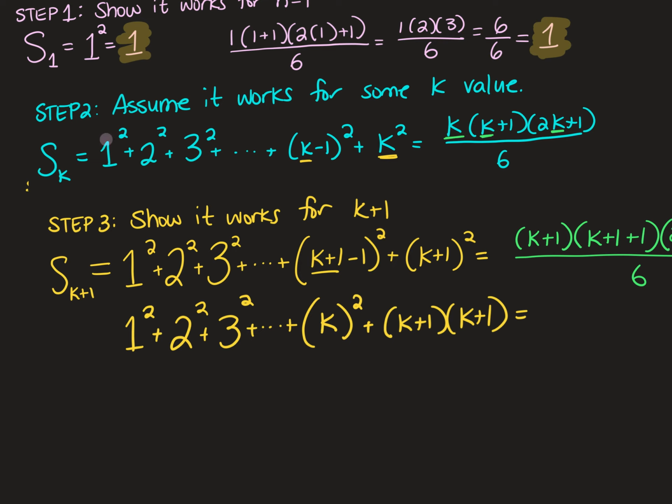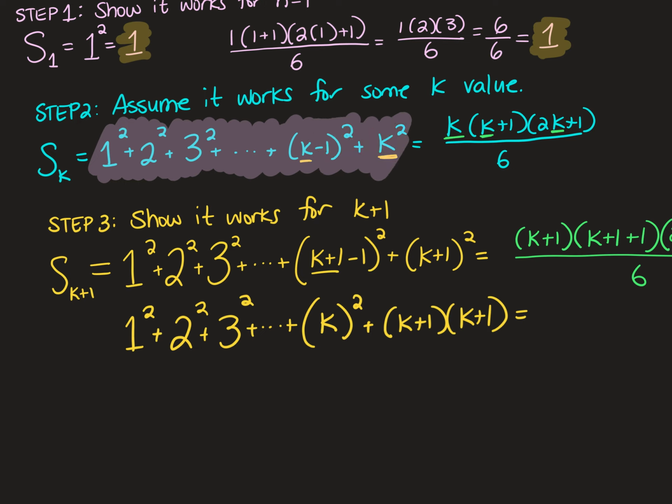We said, look, this 1 squared plus 2 squared plus 3 squared plus all the way up to k squared is showing up right here as well. Those two expressions are the same thing. And we assumed that if we see that expression, we can replace it with this expression, which is really nice.